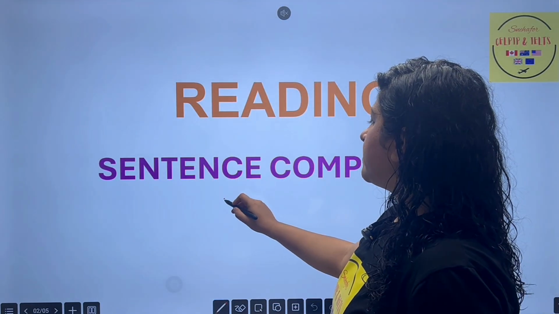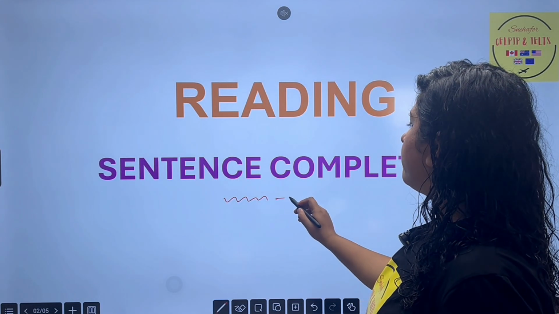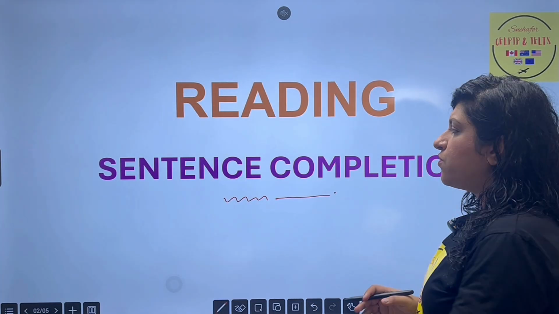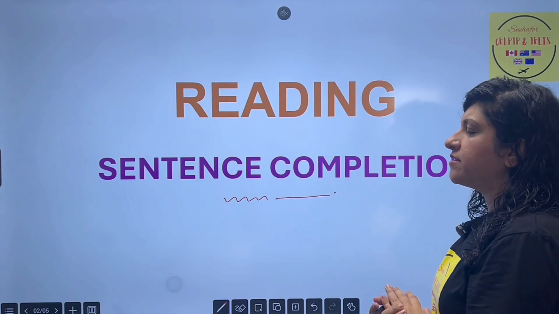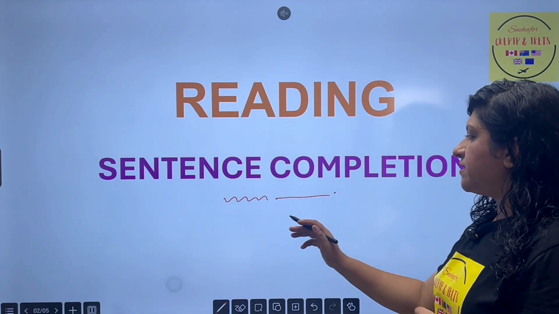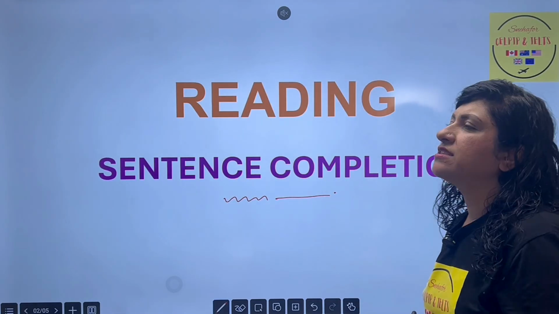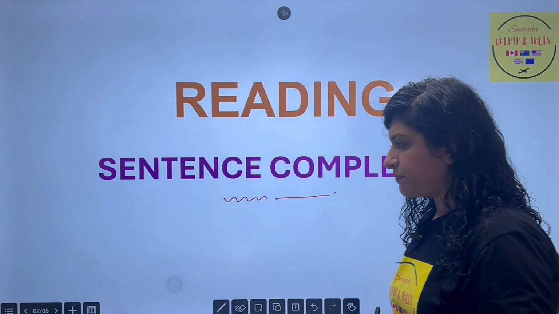So you have a sentence and then you have a blank and then a full stop. So you have to complete the sentence. In most cases, the format of this question type follows this style only.